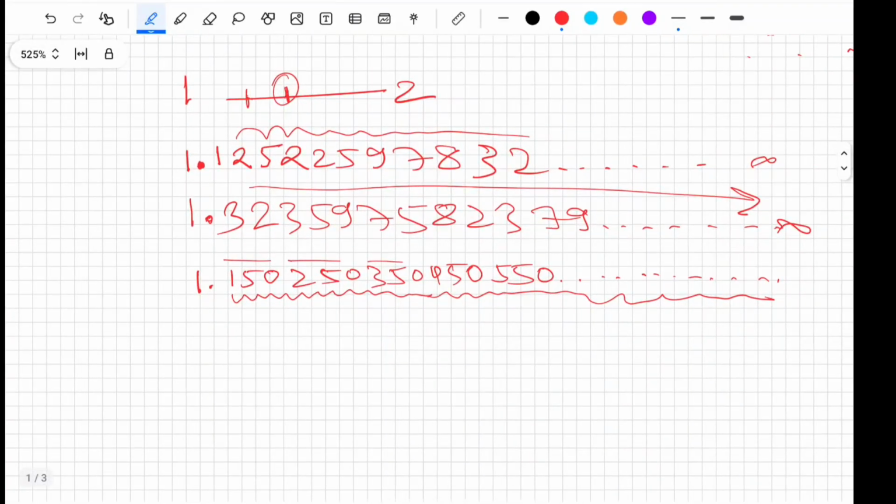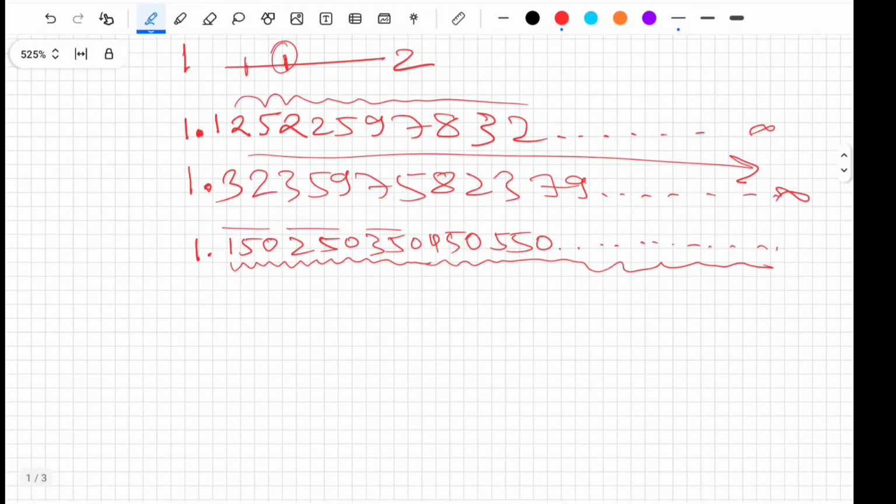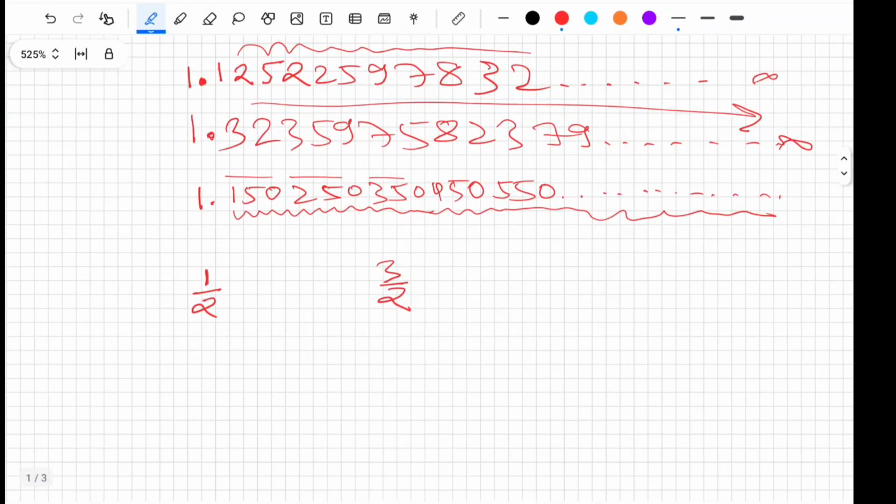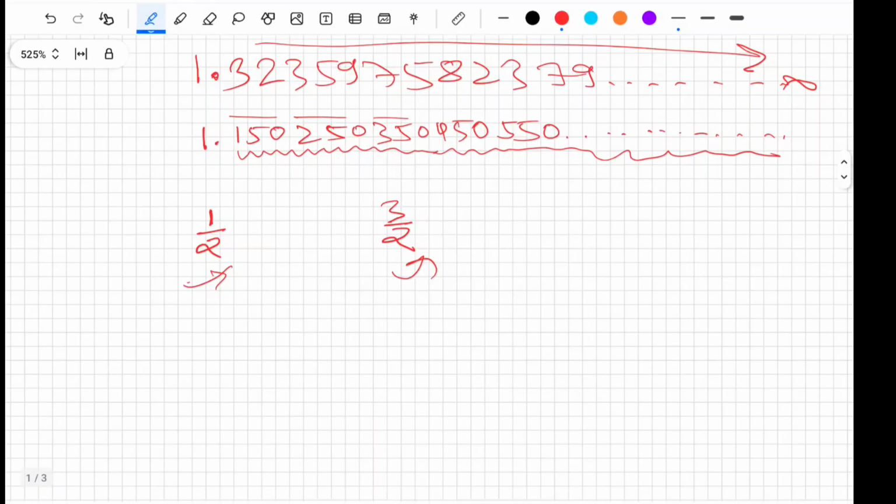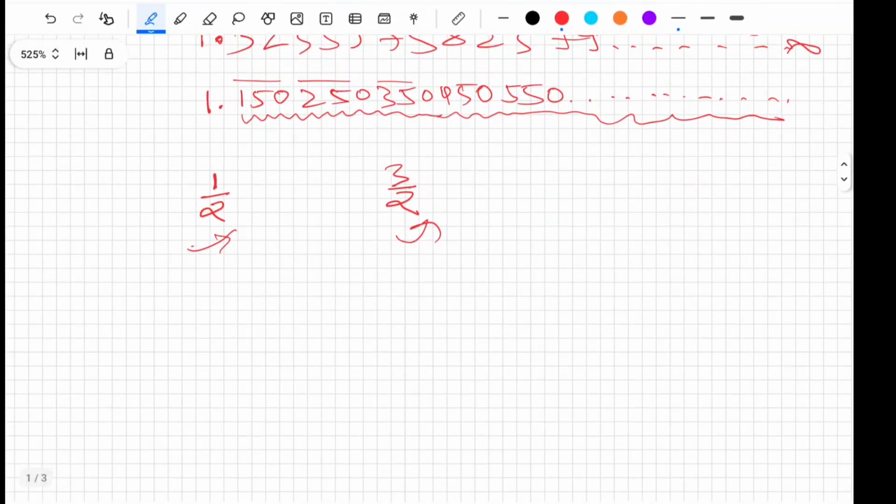So it's a method. Now if you want to calculate an irrational number between two rational numbers, let's say you got values like 1/2 and 3/2. These are the two rational numbers. First of all, if you are getting something in fraction form, you have to calculate it in decimal form.